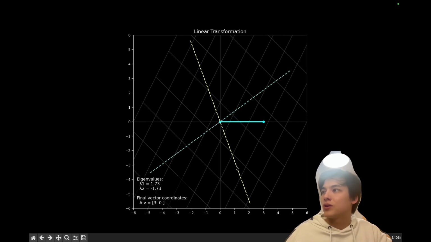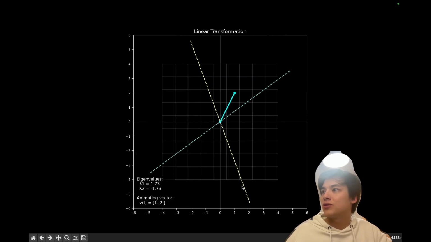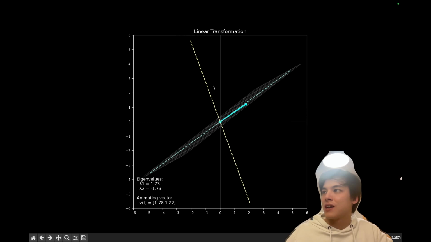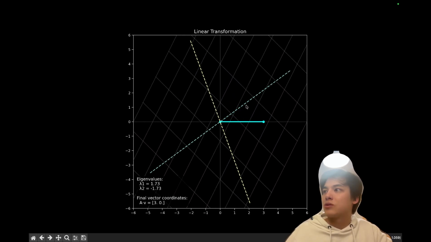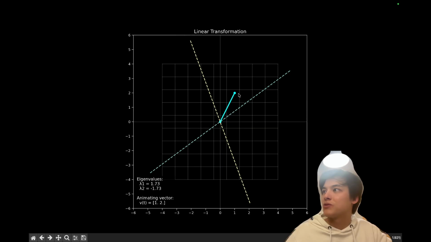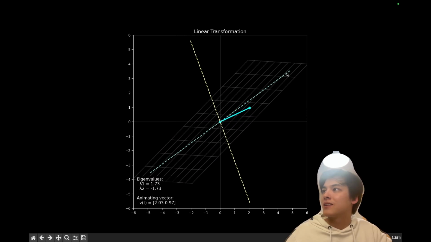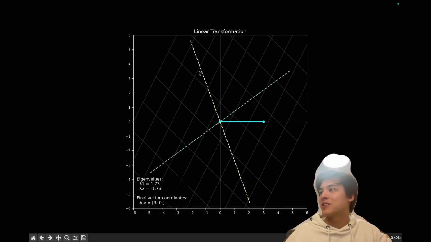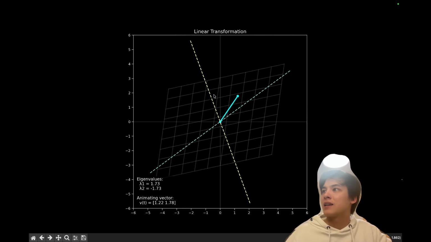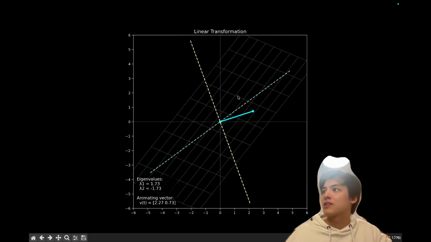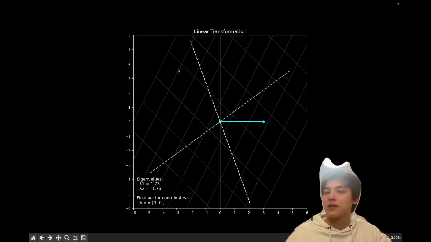Lambda 2, or rather E2, V2, has an eigenvalue of minus 1.7. So it flips the sign. And this one just stretches by 1.7. So we see the grid here. A matrix transformation is basically just scaling along the axes, the eigenaxes. Here we scale, and here we flip and scale as well.